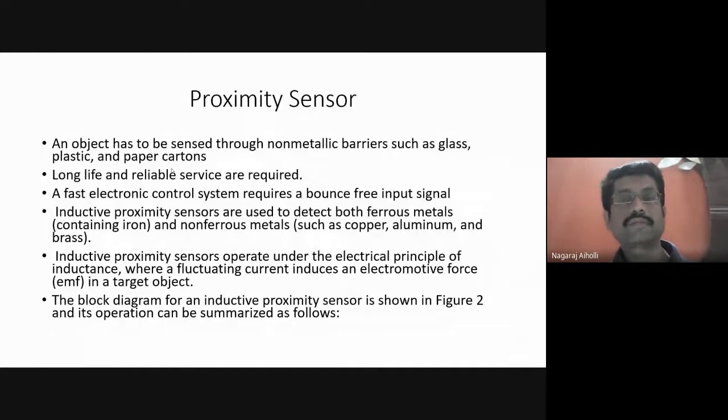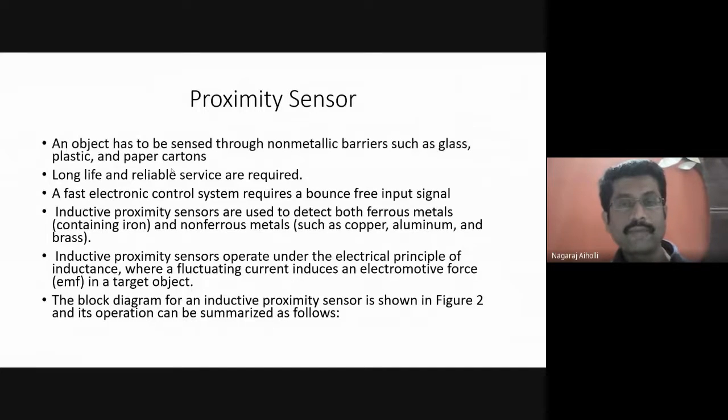The working principle on which the inductive proximity sensor works is that whenever there is a fluctuating current, fluctuating meaning AC current, then it induces an electromotive force in the target object. Whenever there is a current carrying conductor, we say that there is a force surrounding the current carrying conductor.